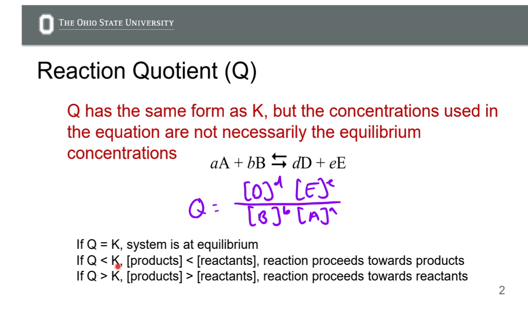If Q is greater than K, we have more products than reactants. And so the reaction needs to proceed toward the reactant side in order to reach equilibrium. Everyone okay with that?